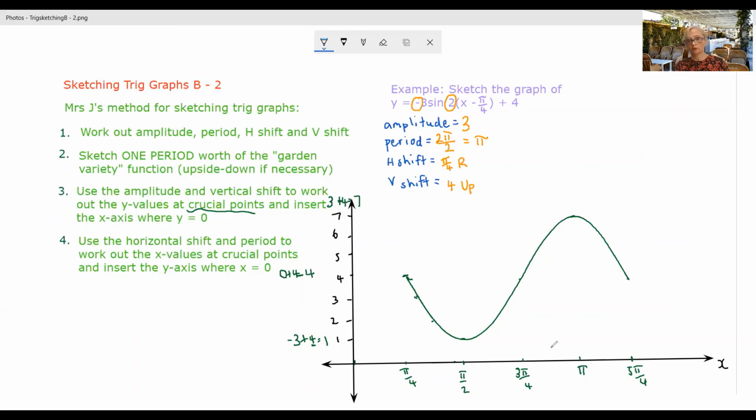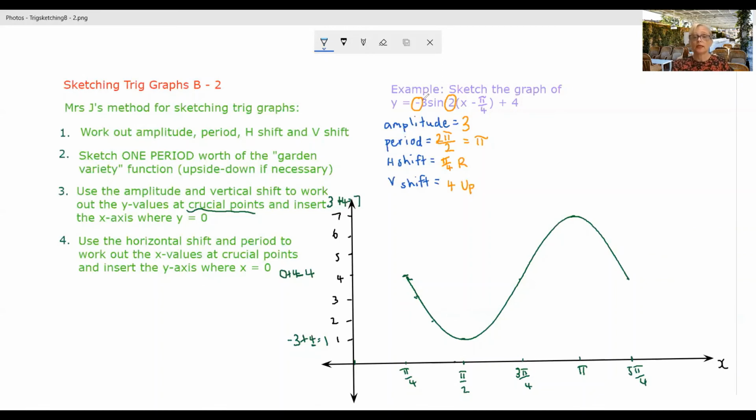I would actually use a ruler normally. So let me just go through that process again. We look at the function, we work out what changes have been made to the amplitude, the period, if there's been a horizontal and vertical shift. Draw 1 period's worth of the function using a stencil or whatever if you like.